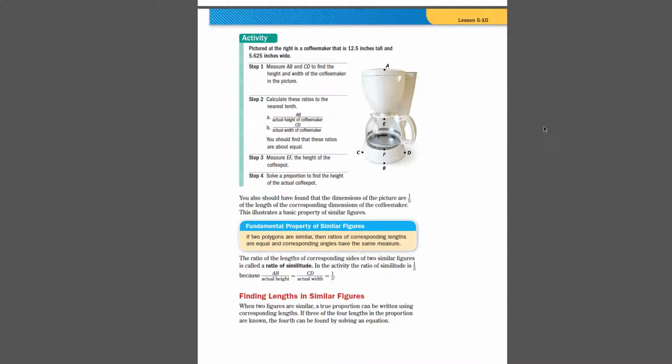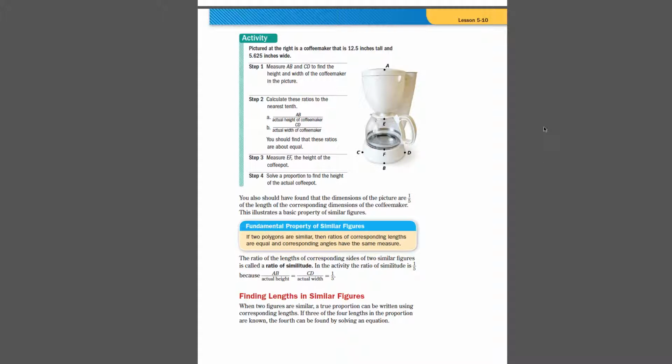We know that AB, from A to B, is the pictured height. The actual height, we know, is 12.5 inches, right? We're going to compare AB to CD and find the height and width of the coffee maker. So we've got to measure those.